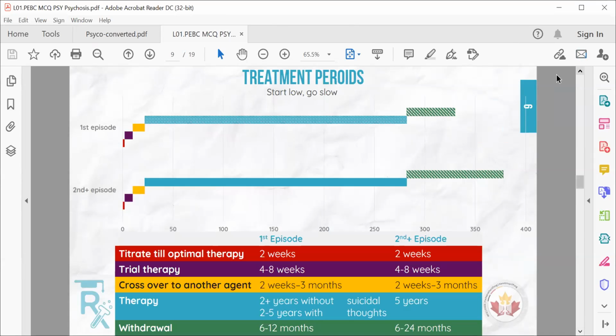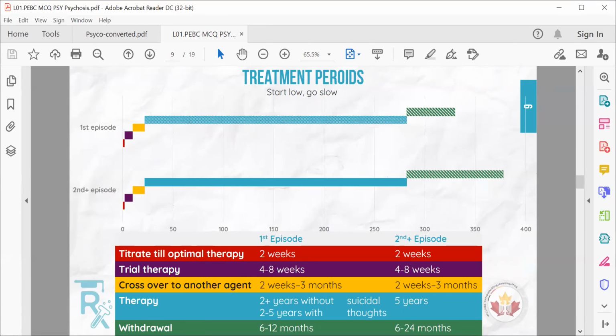Okay, so now, if it's the first episode, the first time to have schizophrenia, what I do, I use, for example, Olanzapine. Let's start with Olanzapine for 2 weeks.